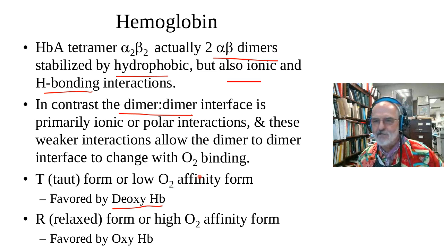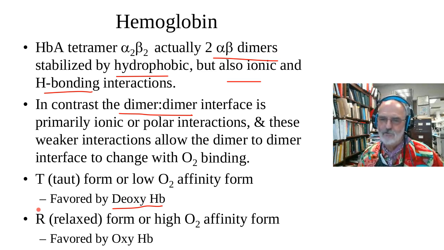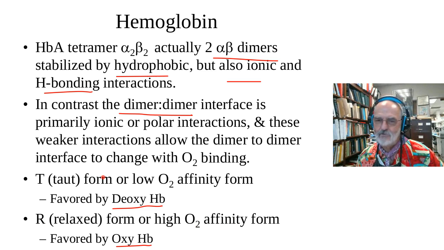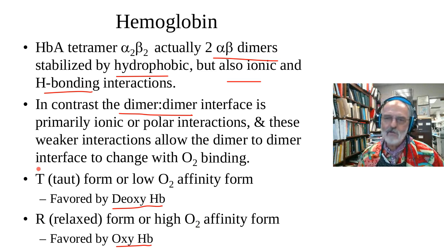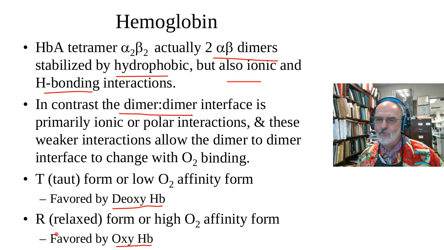It's the low oxygen affinity form. The R form is the high oxygen affinity form. It's the oxy form. So you can think of these as a conformation, T, low affinity, or deoxy. You can think of this as an affinity, R form, high affinity, or a conformation, oxy.